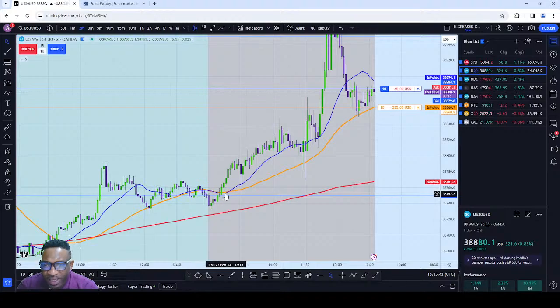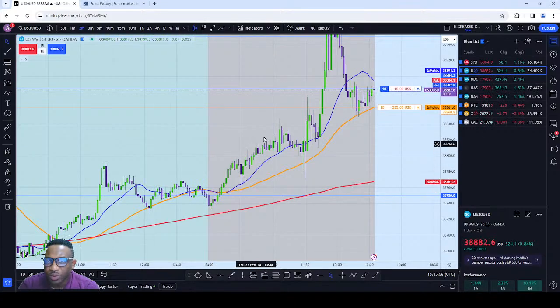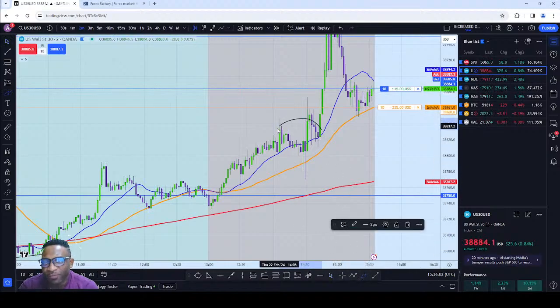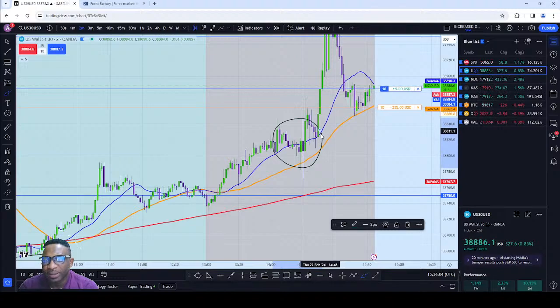Over here again, we can see that the blue moving average crossed above the yellow moving average. So again, we expect price to pull back. All this happening here, we should have it with the understanding of price pulling back as a result of this crossover.